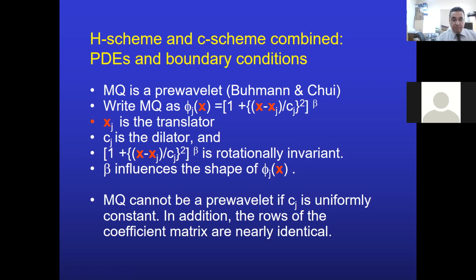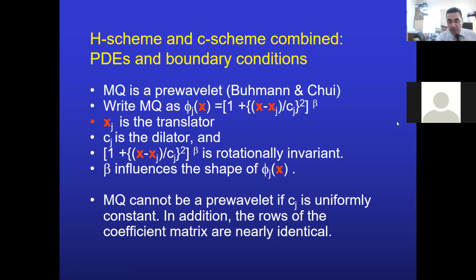So you have translators, x sub j, and dilators, which are the c sub j's, and these are also rotationally invariant. And the beta exponent is important in influencing the shape of the basis function phi sub j.